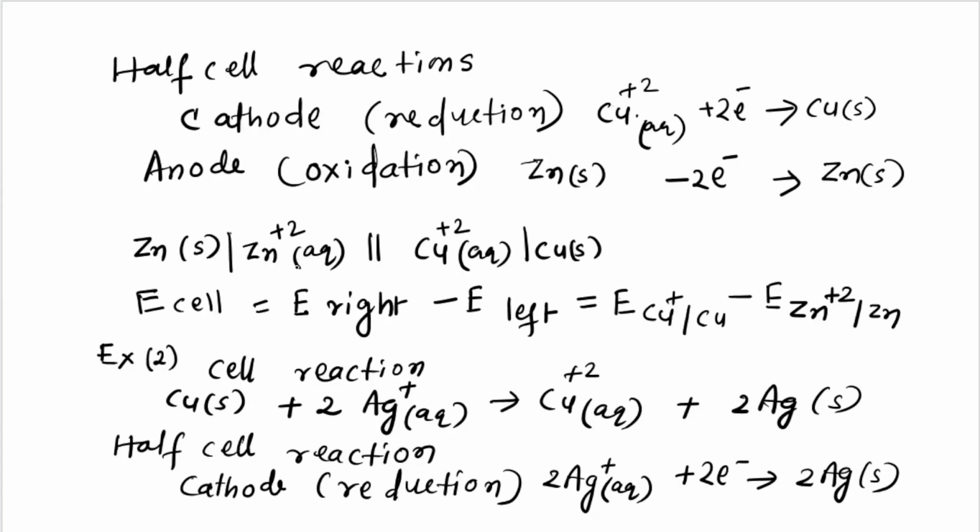So at the cathode, in aqueous solution, Cu2+ accepts 2 electrons and changes to Cu(s). Similarly, at the anode oxidation takes place: solid zinc loses 2 electrons and changes to, sorry, Zn2+. I have to check and rectify that.